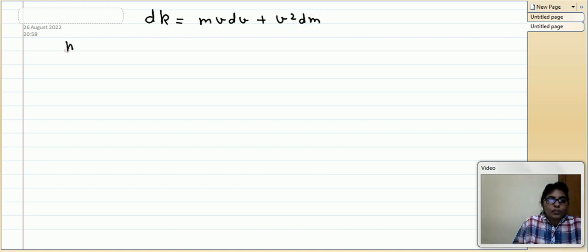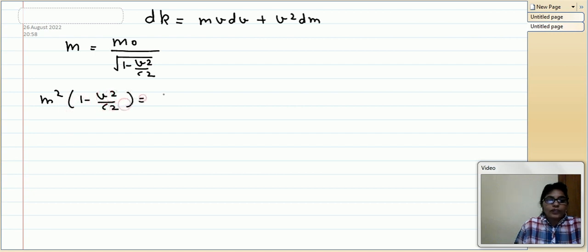Now start with the next equation, which is m is equal to m naught upon under root 1 minus v square by c square. Using this relation, taking the square of both sides, m square into 1 minus v square by c square is equal to m naught square, or m square minus m square v square by c square is equal to m naught square.